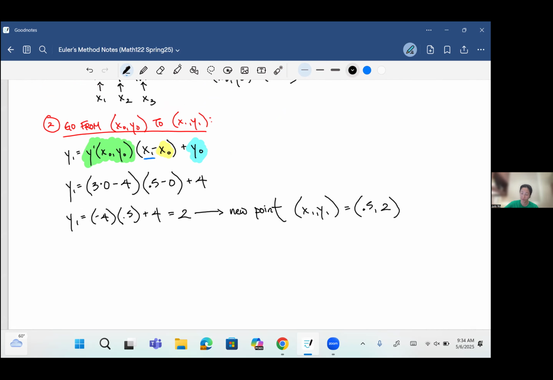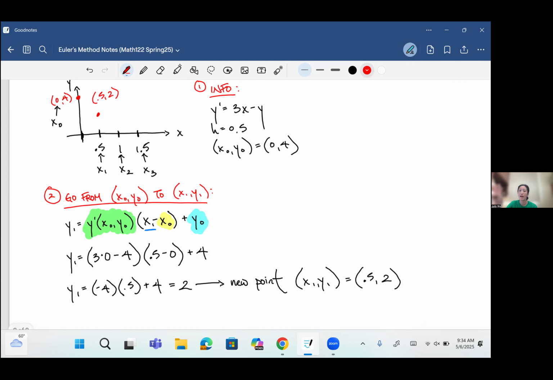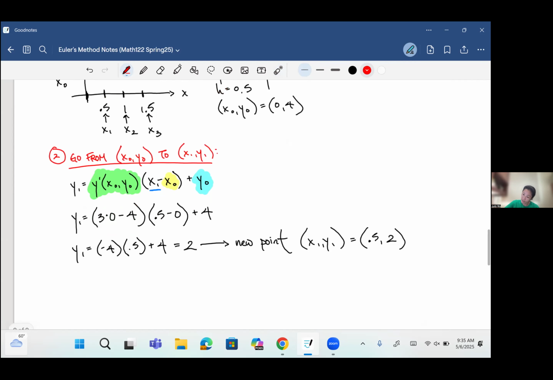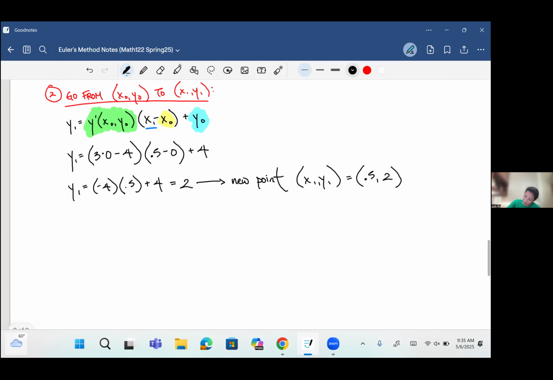Okay, the solution has a value of 2 as an approximation. Okay, so we went through this process one time. We got from x0 to x1. Now we have to do it again to get from x1 to x2. And then we have to do it a third time to get from x2 to x3, and then we'll be done. Okay? So let's start with the next process.